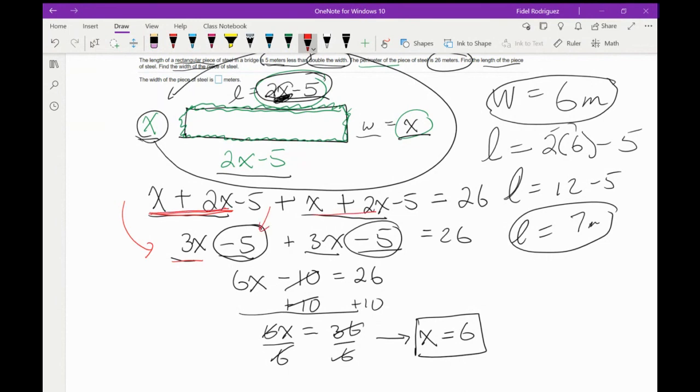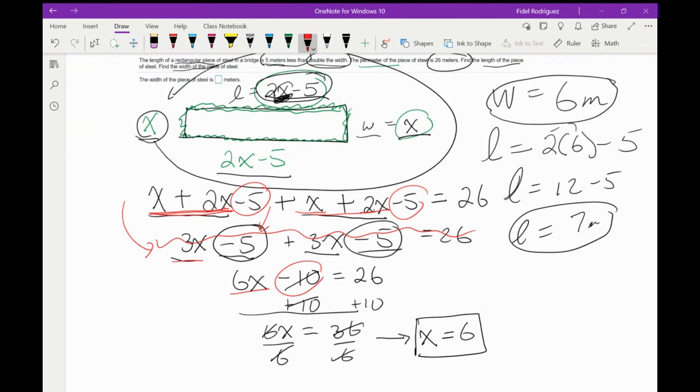But you could have said, look, x and 2x is 3x, 4x and another 2 is 6, and minus 5 and another minus 5 is a minus 10, and you would have skipped that line right there. Gotcha, okay. I just went slow, but either way you do it, you're going to get the same thing.